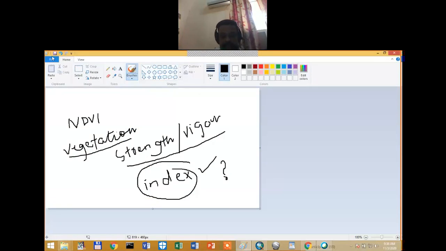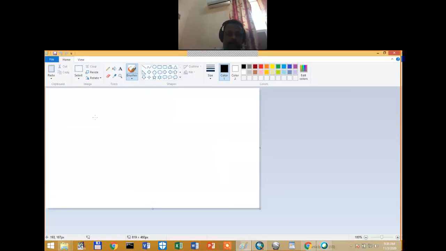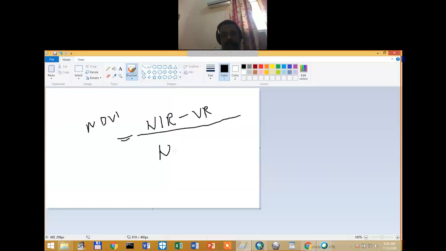For example, just take an example of NDVI, it is calculated as NIR minus VR divided by NIR plus VR.